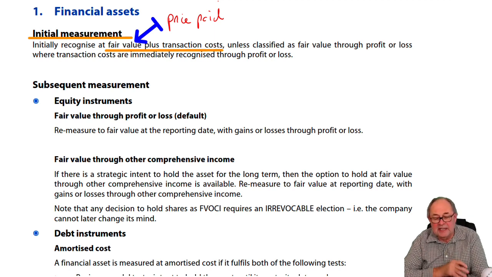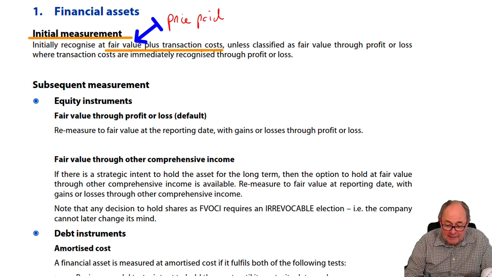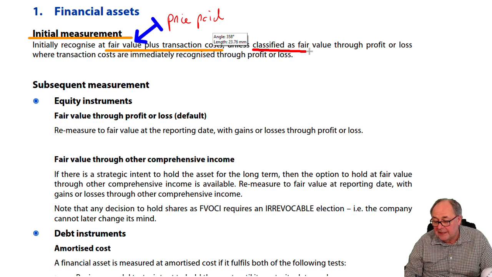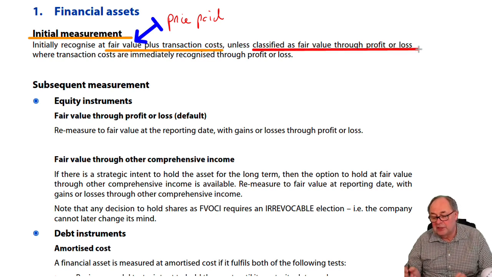And you can see there's an exception. The exception is just listed across there. We're going to see this in some numbers questions in a minute, unless you choose to treat the investment as fair value through profit or loss. That sounds like a very complicated phrase. It's much simpler than it sounds.